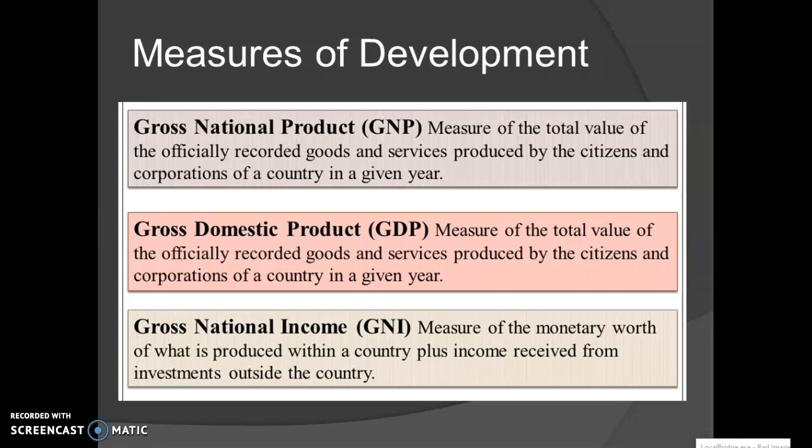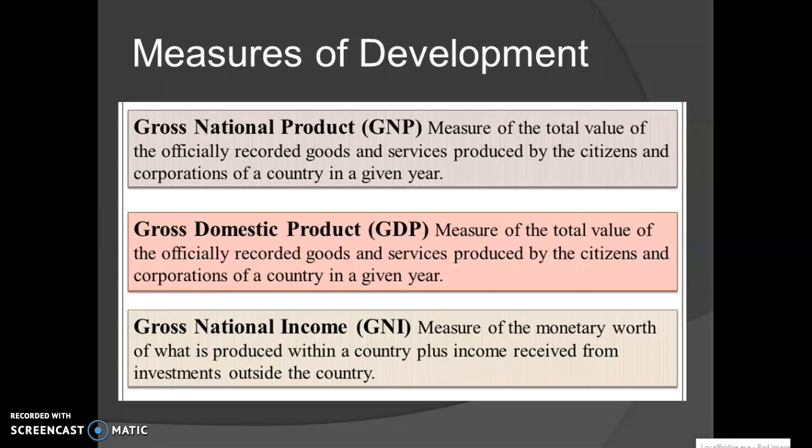That means those produced inside the physical boundaries of the United States, plus those produced somewhere else. We know a lot of companies have factories all over the world. Those are included in gross national product. If we're going to do gross domestic product, we're only looking at the stuff that's made inside the United States, right? Inside the boundaries.